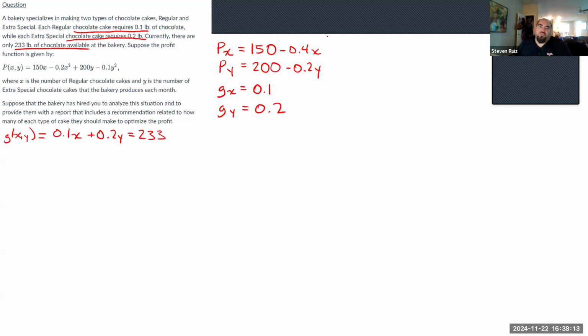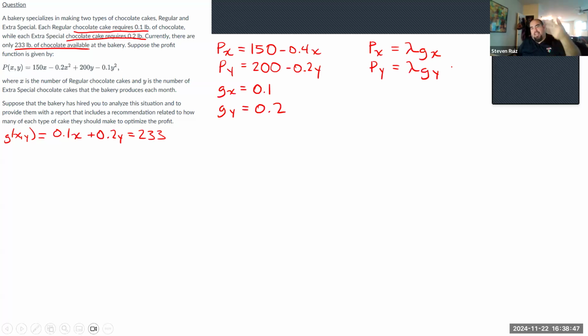So how do Lagrange multipliers work? The way I'm going to find my optimum under a constraint is where the partial derivatives of my objective function, the thing I'm trying to optimize, and my constraint equation are parallel to one another.